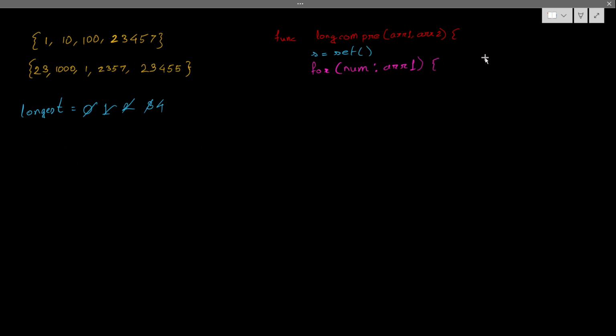So what I am checking, for each number I am checking if my number, let's say num, is present, or whatever function you have, like set dot find, in the set I am finding my number.